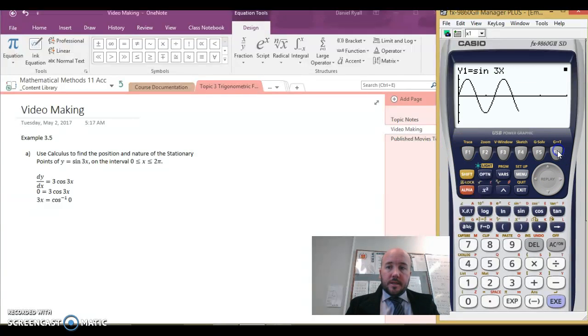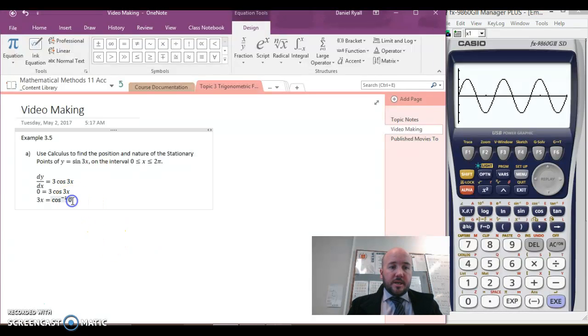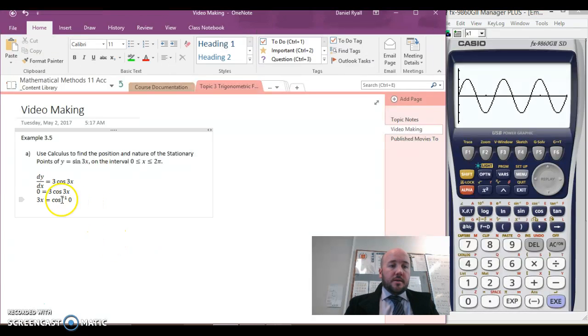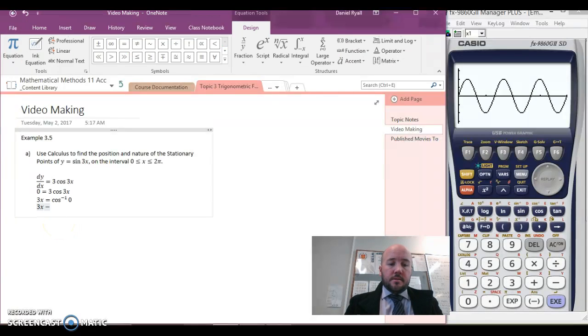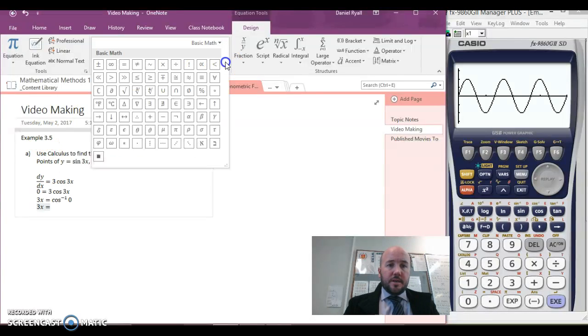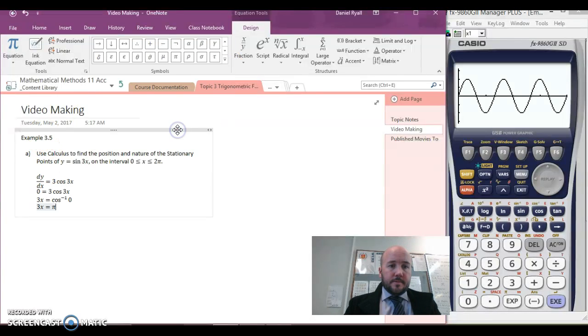Just get that graph of sine 3x back up. If we take the inverse cos, 3x is now going to equal 2 values. The first one is pi over 2, and the second one would be 3 pi over 2.